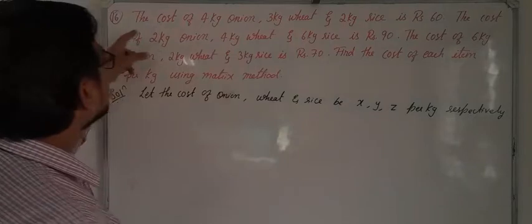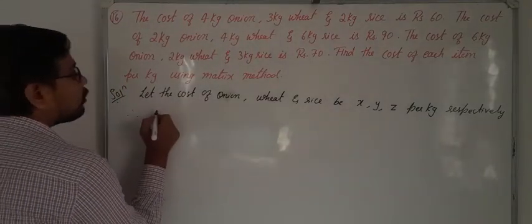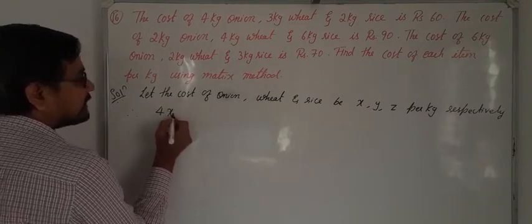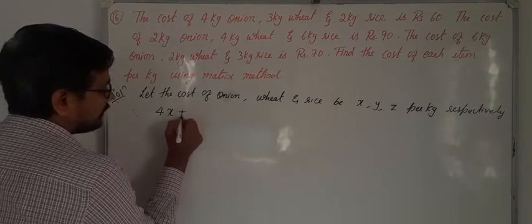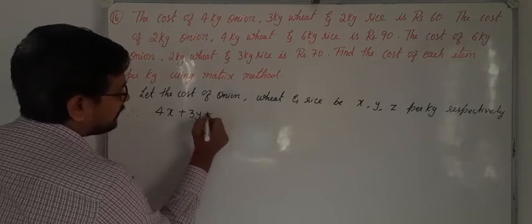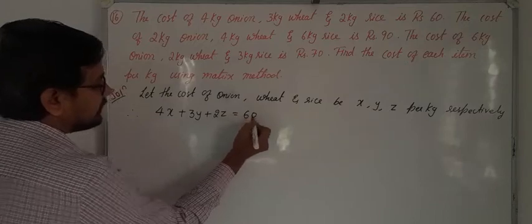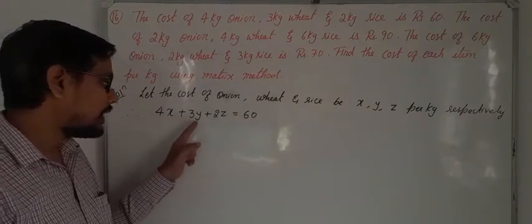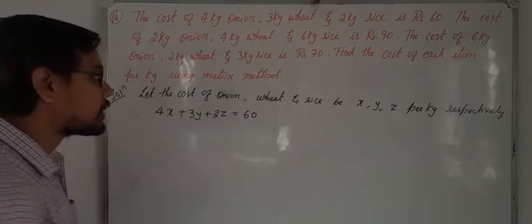So according to the first condition, what is that? Cost of 4 kg onion, that is 4 into what is per kg? X, right? And 3 kg wheat, so that becomes 3y, and 2 kg rice, plus 2z is equal to how much? 60. So here you can see the cost of 4 kg onion plus 3 kg wheat plus 2 kg rice is 60 rupees.